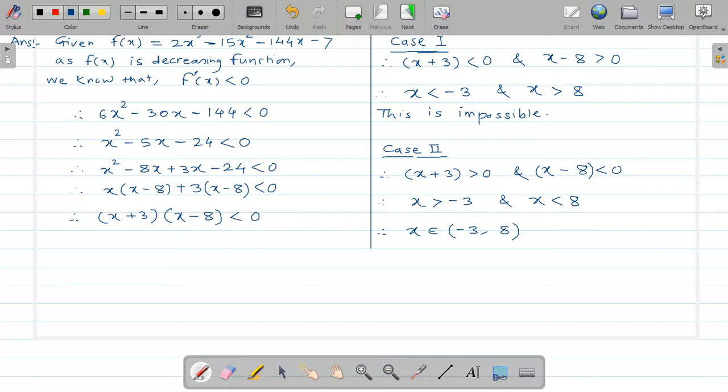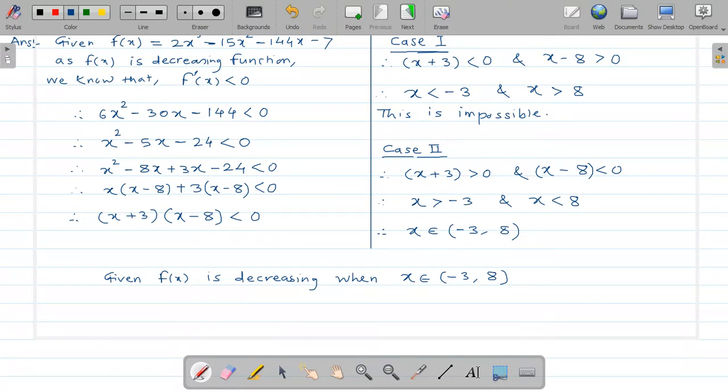So you can write the answer, from case number 1 and case number 2, as: the given f of x is decreasing when x belongs to minus 3 to 8. So this is our last answer.